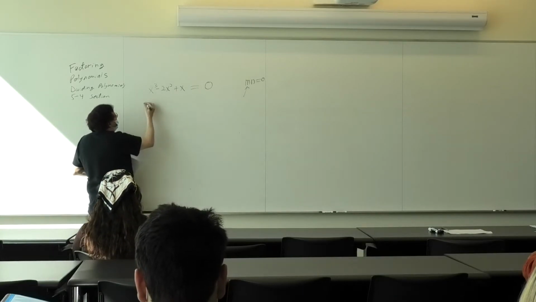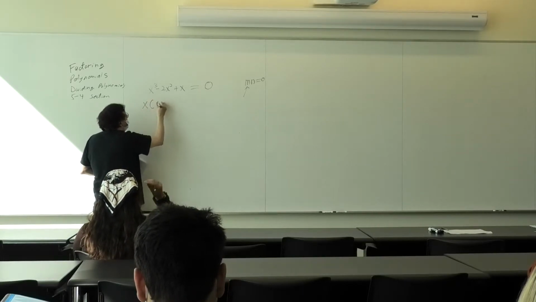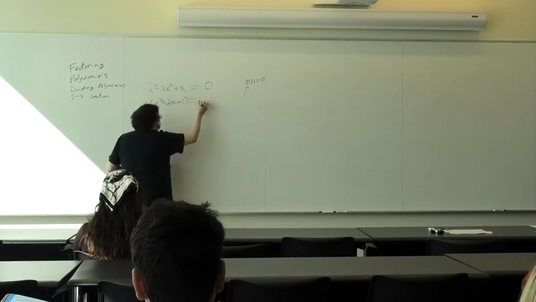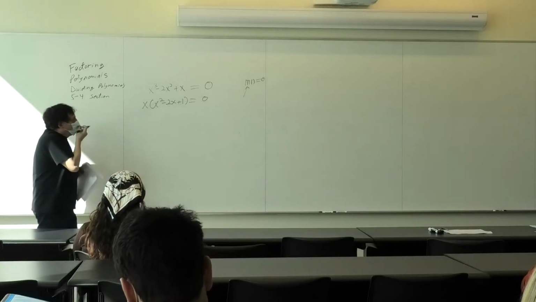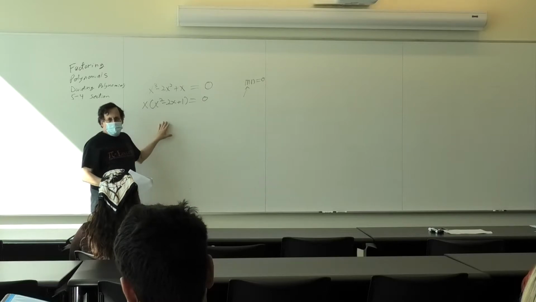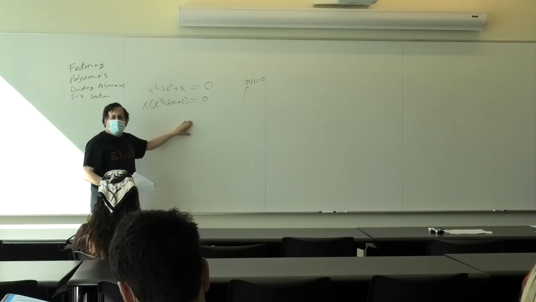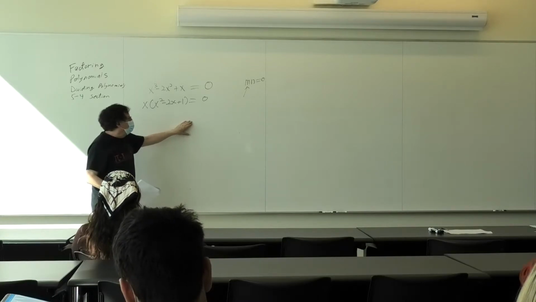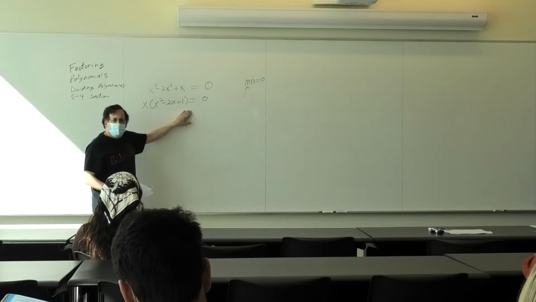If either of them is 0, you have a solution. So in this case, first I'll take out an x. And now I'm going to use the first method we talked about yesterday, which is we look for a pattern. I hope at this point everyone can see the pattern here.